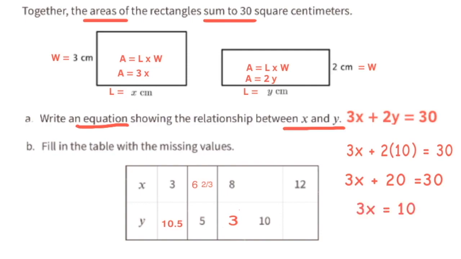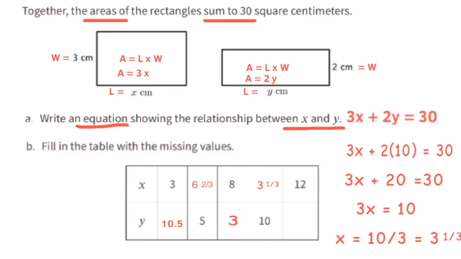Since we're solving for x, we divide both sides by 3. 3x divided by 3 equals x, and 10 divided by 3 equals 10/3 or 3 1/3, which is also 3.3 repeating. So when the value for y is 10, the value for x is 3 1/3.